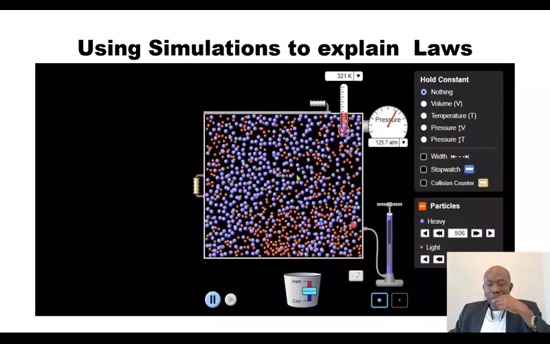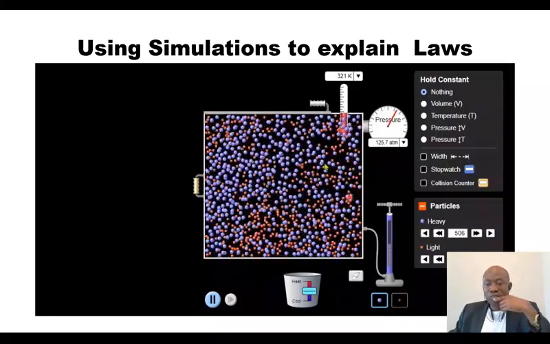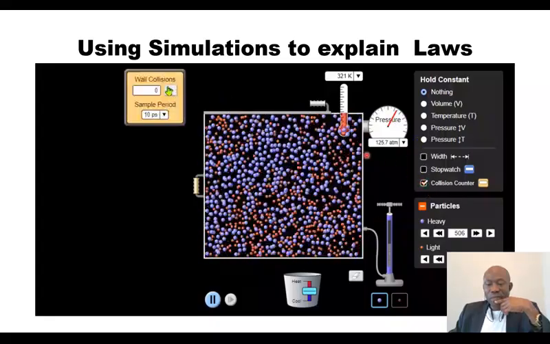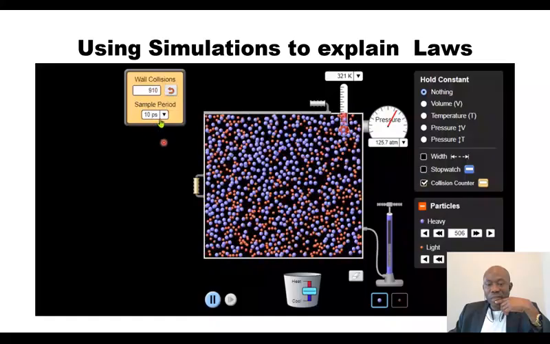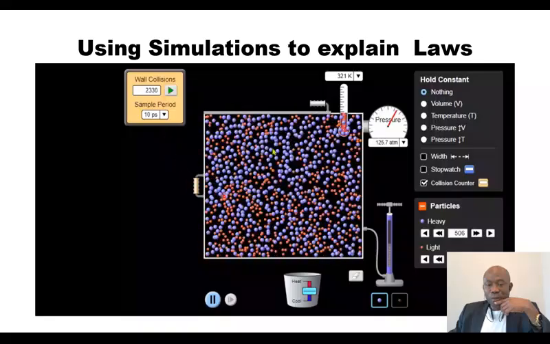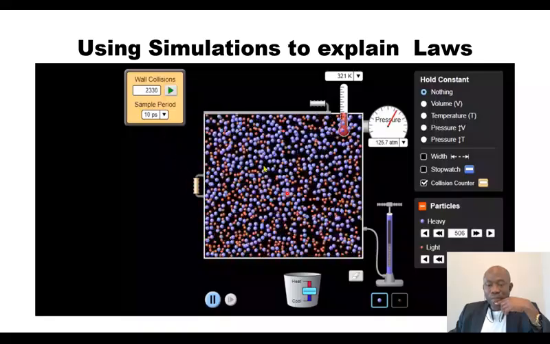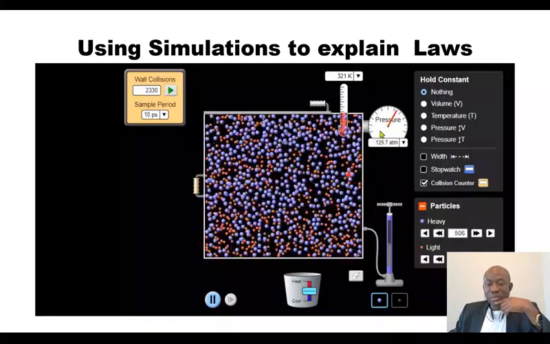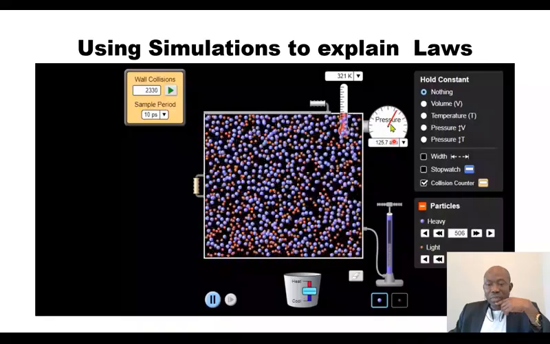when particles are introduced into the system, collision is going on. We can see the collision meter. You can see the number of collisions that are happening per second. As the particles collide with one another per unit area, the pressure increases.